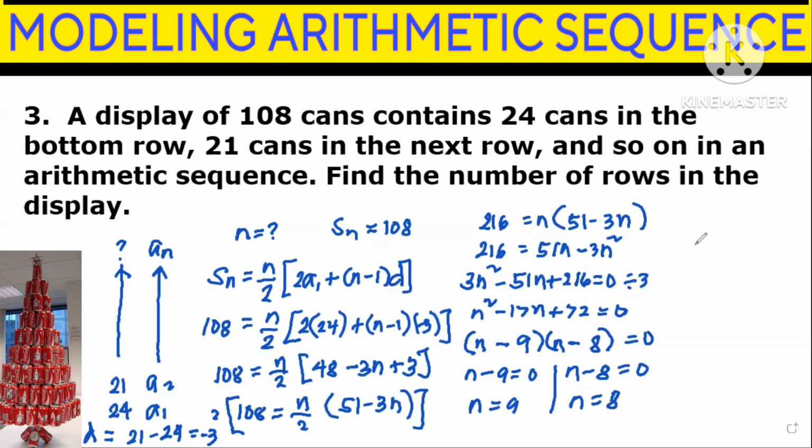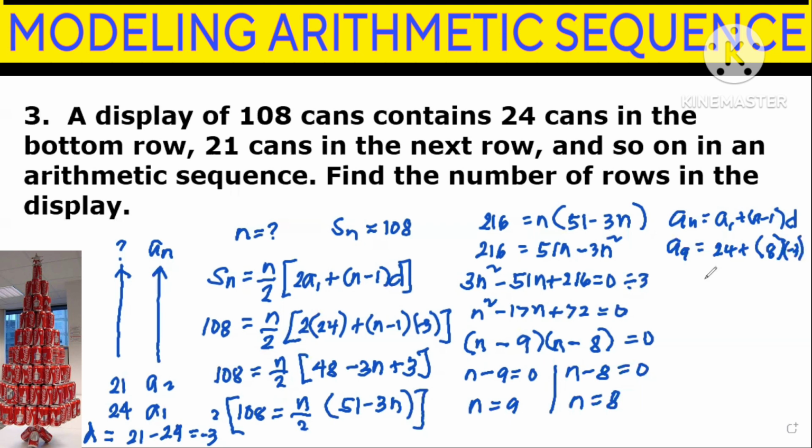Let's check, no? If we consider n is equal to 9 and solve for a sub 9, using the formula for the nth term, which is a sub n equals a sub 1 plus n minus 1 times d, what do we get? So a sub 9 is equal to a sub 1, which is 24, plus 9 minus 1 is 8 times negative 3.